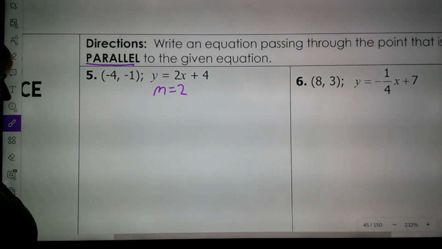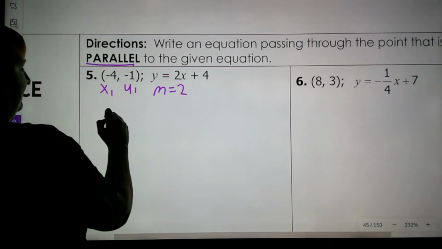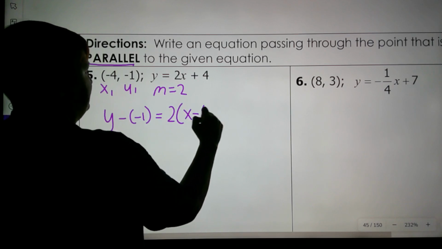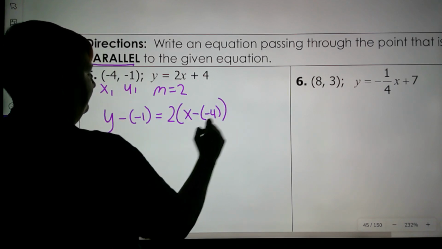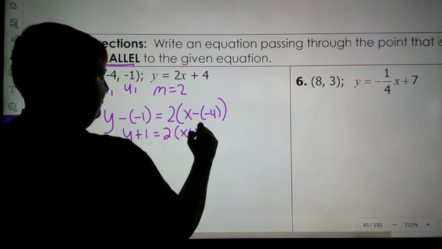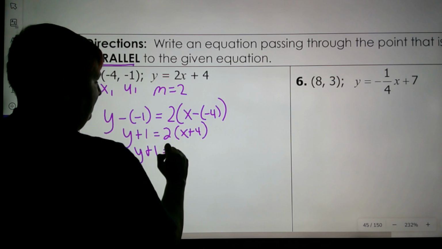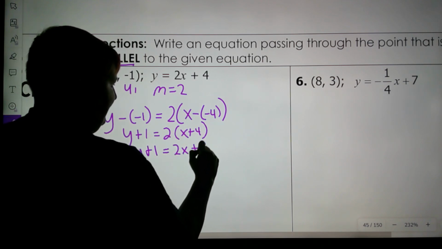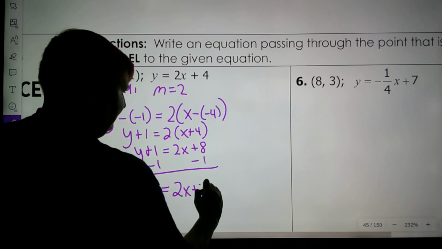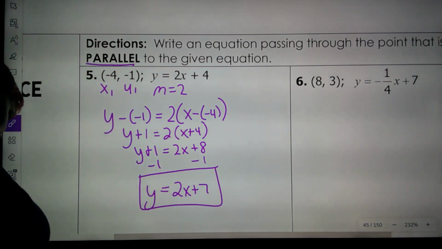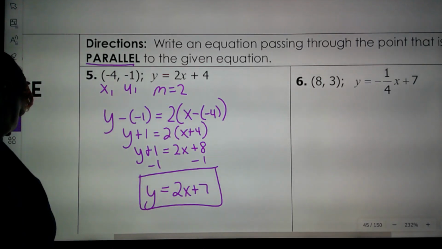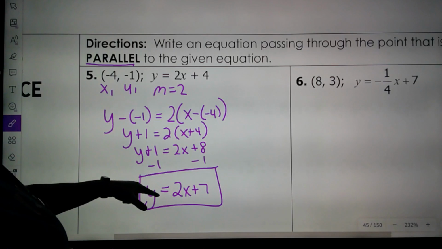We need it to be the same. x1, y1. y minus y1 equals m times x minus x1. y plus 1 equals 2 times x plus 4. y plus 1 equals 2x plus 8, minus 1. y equals 2x plus 7. We just created a parallel line that goes through that point.